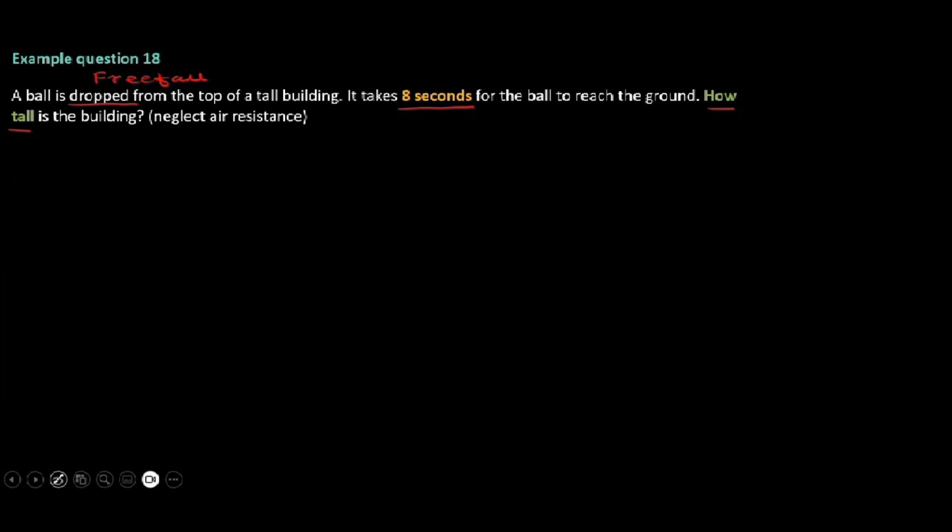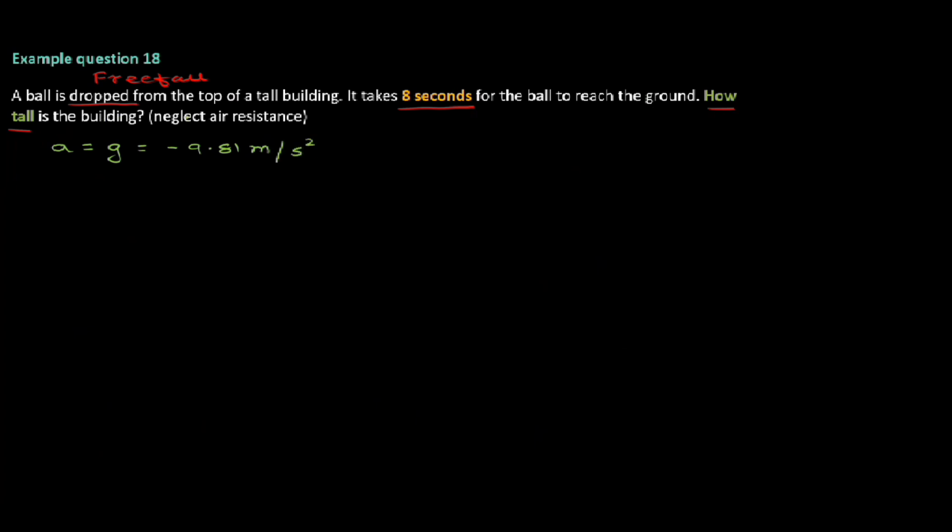And when we are dealing with free fall motion, we know that the acceleration of the object is equal to the acceleration due to gravity, which is a constant negative 9.81 meter per second squared.